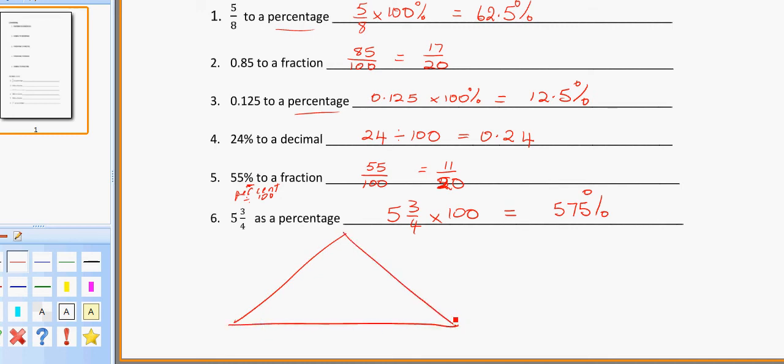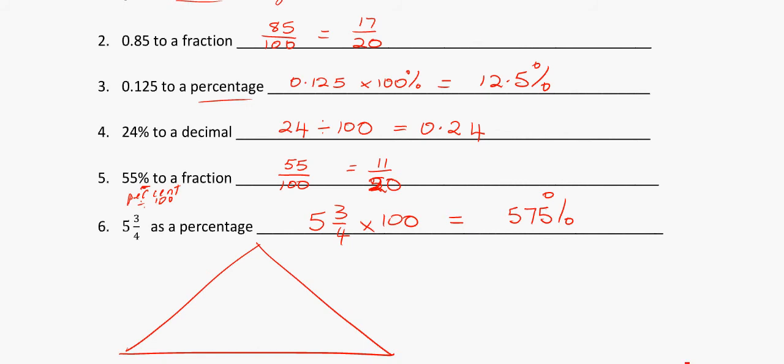Now there's a good triangle just to summarize all this that you can write in your books. Put percentage here, fraction there, decimal there. Now if you change anything to a percentage, fraction or a decimal, you multiply by 100. So we can write that in there, times 100. Okay, now if we go back the other way, a percentage to a fraction, well, you put it over 100 and simplify.